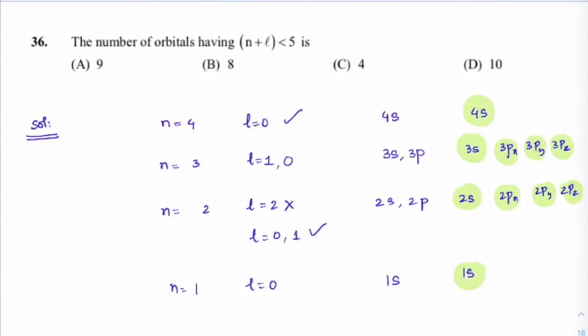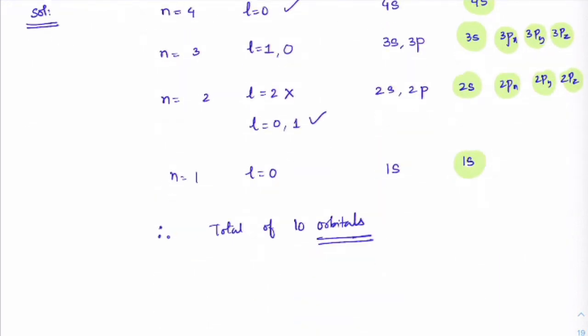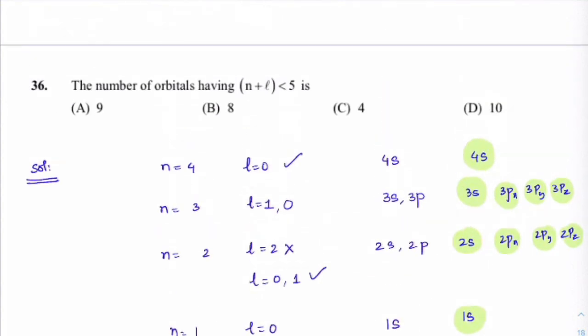So in total I have 10 orbitals. Remember, an orbital's maximum capacity is 2 electrons. So that is what is asked. So you can see the answer would be D for this.